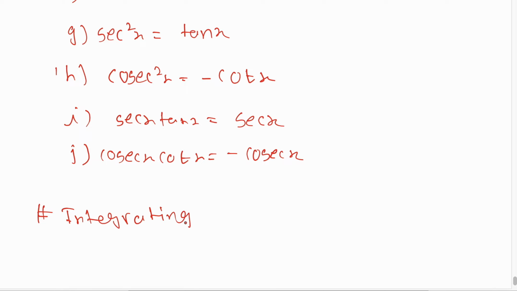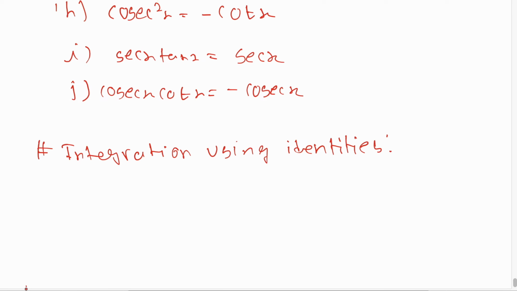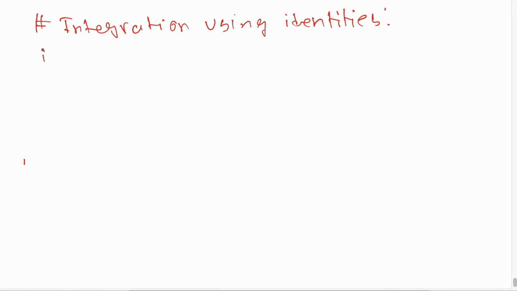Number 1, sin square x equals half of 1 minus cos 2x. Where does it come from? It comes from cos 2x equals cos square x minus sin square x, then cos 2x is equal to 1 minus 2 sin square x. That means if you make sin square x the subject, it would be like this.